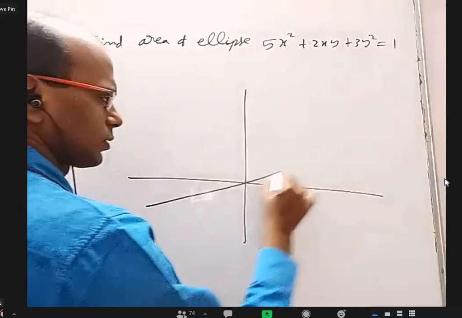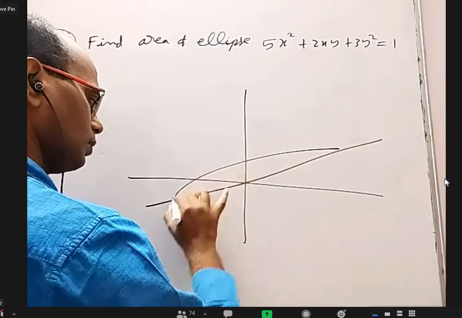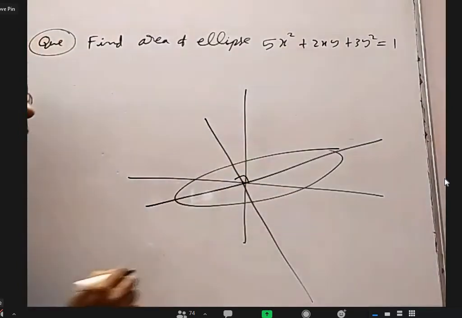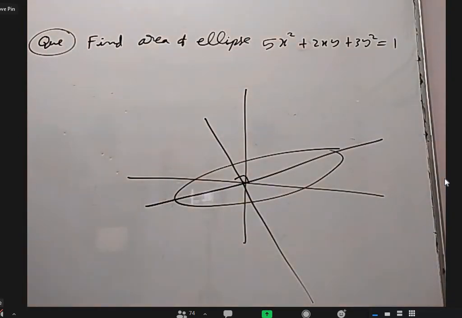Okay, it may be like this, and this is like this maybe. Now think about it, how can we find the area of the ellipse?